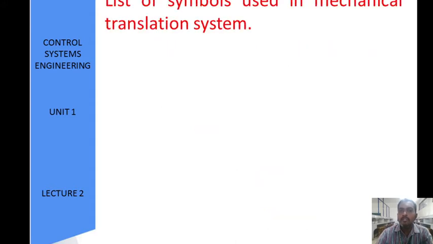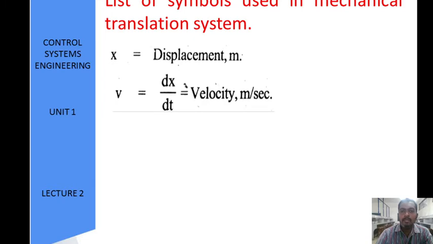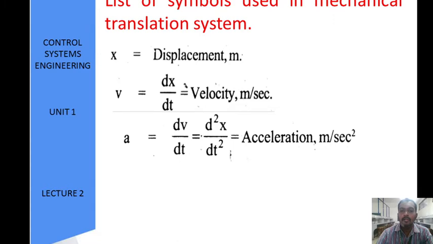The list of symbols we are going to use in the translation system are x, which is used for displacement, v for velocity, and a for acceleration.